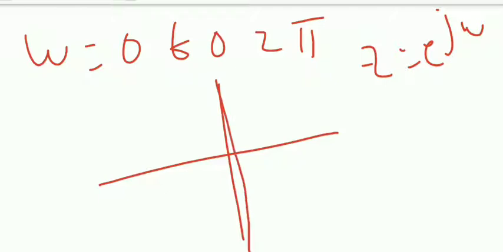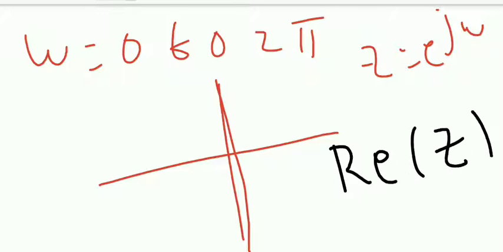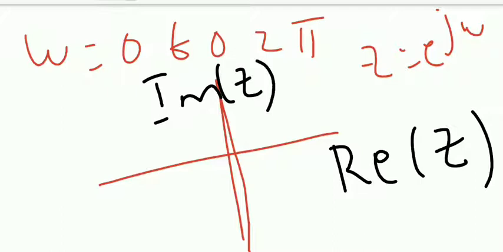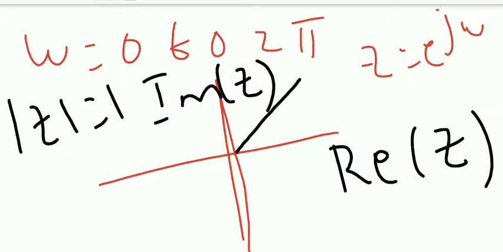The z plane is a plane where the x-axis represents the real part of z and the y-axis represents the imaginary part of z. Omega varies from 0 to 2 pi, and the magnitude of z is equal to 1. In complex numbers, we have seen the magnitude represents the radius of the circle. Why is it a circle?